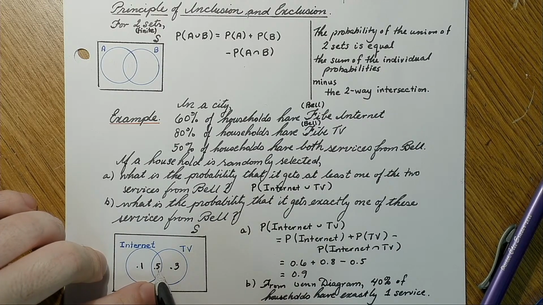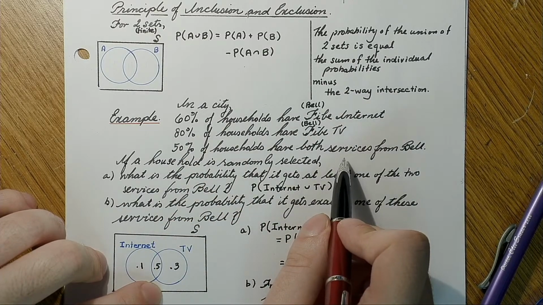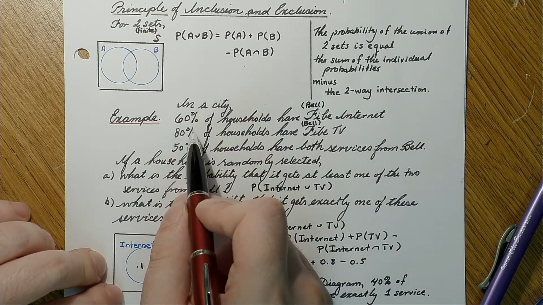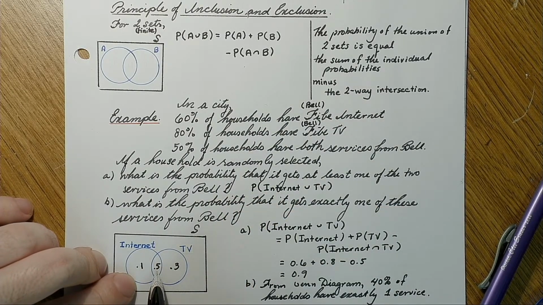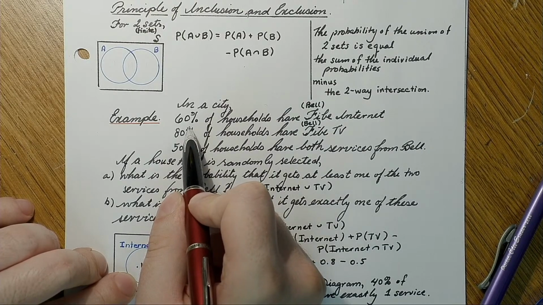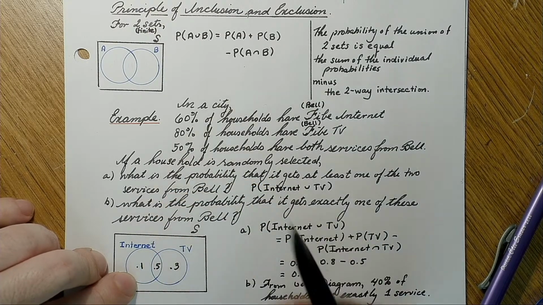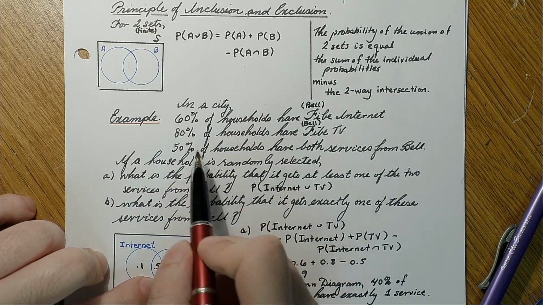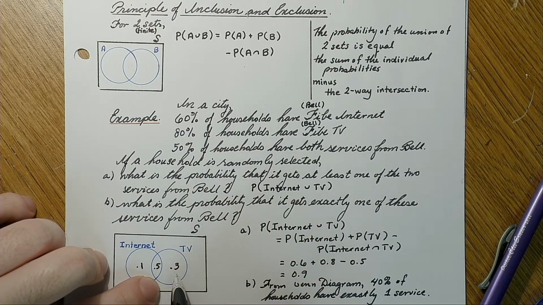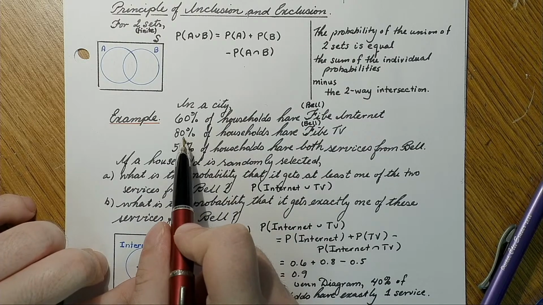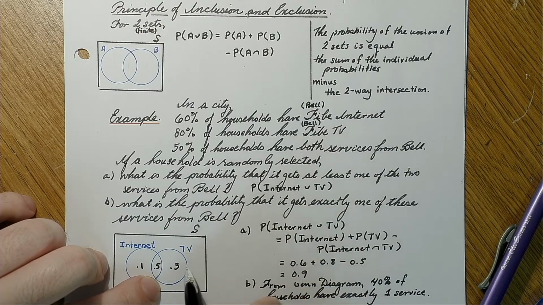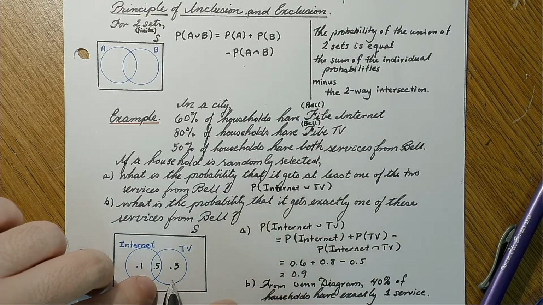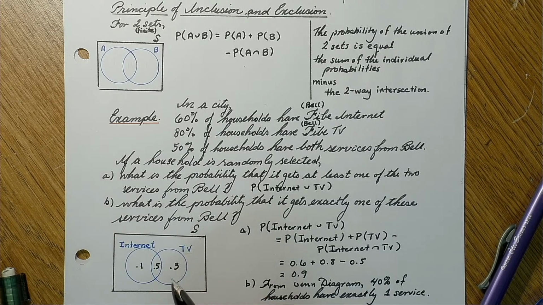So in this area here, the 0.5 represents both services. Now, 60% of households have internet, so 0.1 plus 0.5 will give me 60%. And also the 0.5 and the 0.3, that sums up to give you 0.8, or represents 80% of the TV users. So does that answer the question about where the 0.1 and 0.3 come from?